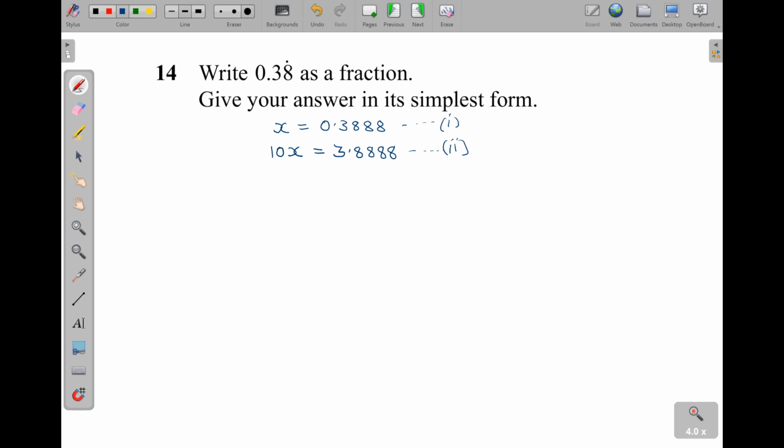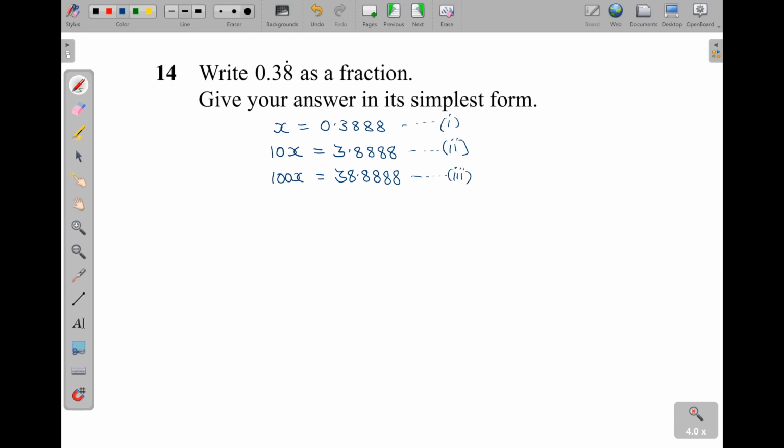Now we are having one recurring number. So since the number that is recurring is 1, we multiply all through by 10. So 10 times 10, here you will get 100x, and here times 10, you will get 38.8, again maintaining the decimal places. This is the third equation.